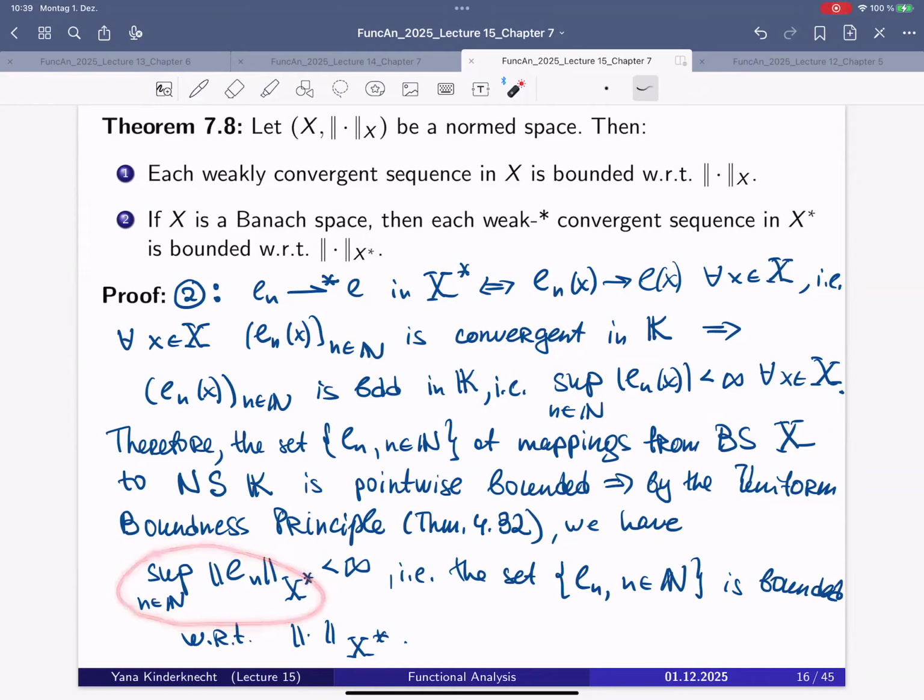The supremum is equal to some constant, which is finite, and hence this set is a subset of a ball around 0 in this space, whose radius is exactly this supremum. Okay. Do you still remember what it means that a set is bounded in some normed space? Yes. Okay, so we have shown this item number 2.